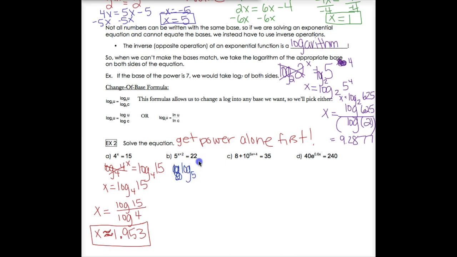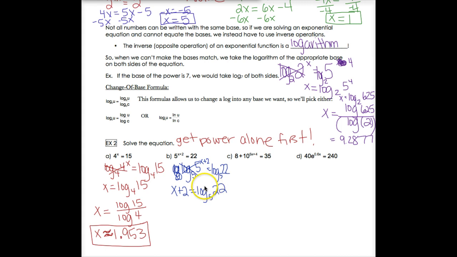So log base 5 on both sides. So log base 5 of 5 to the x plus 2. Special property at play here, so the log and the bases cancel each other. That's the whole purpose of doing the inverse operation. So that's going to give me x plus 2 equals log base 5 of 22.